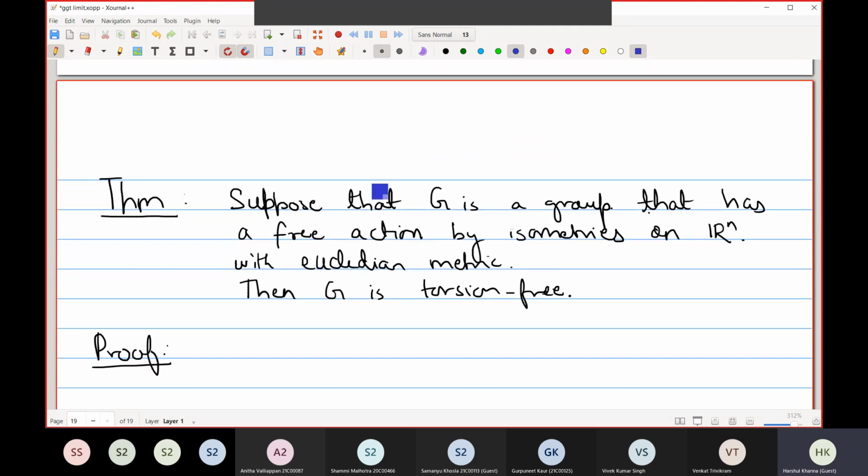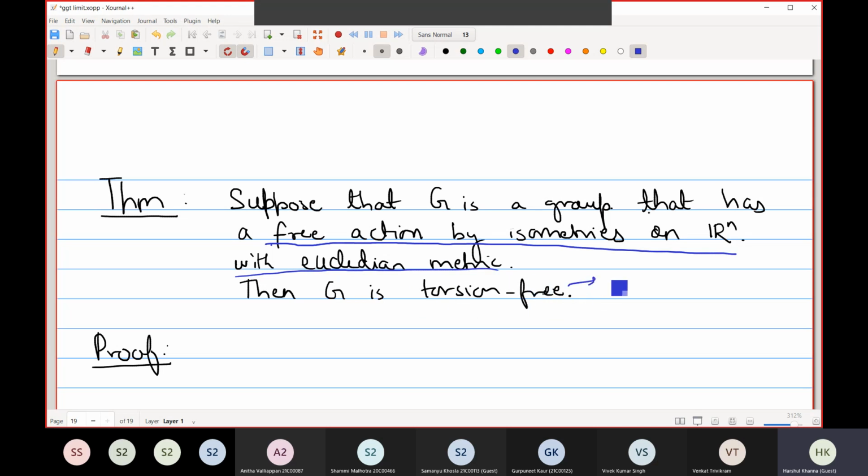So the theorem is, suppose G is a group that has a free action. As I said, a free action because it extracts the most information. So suppose it has a free action by isometries on R^n, and we equip R^n with the Euclidean metric. Then G is torsion free. That is, G does not have any finite order element.